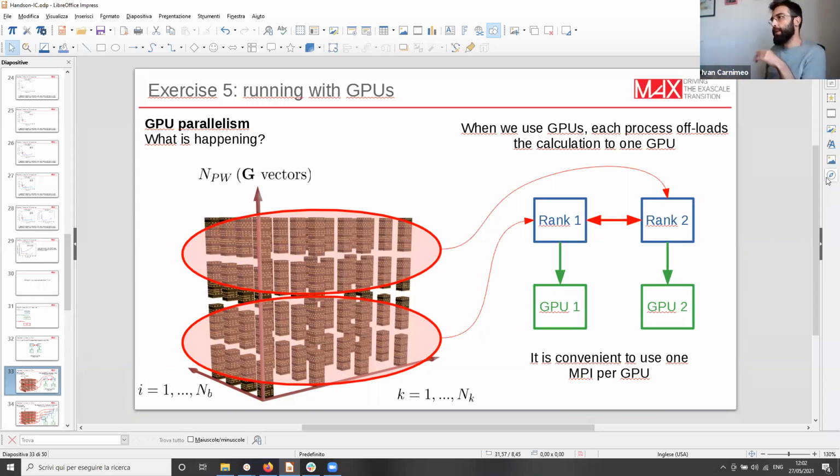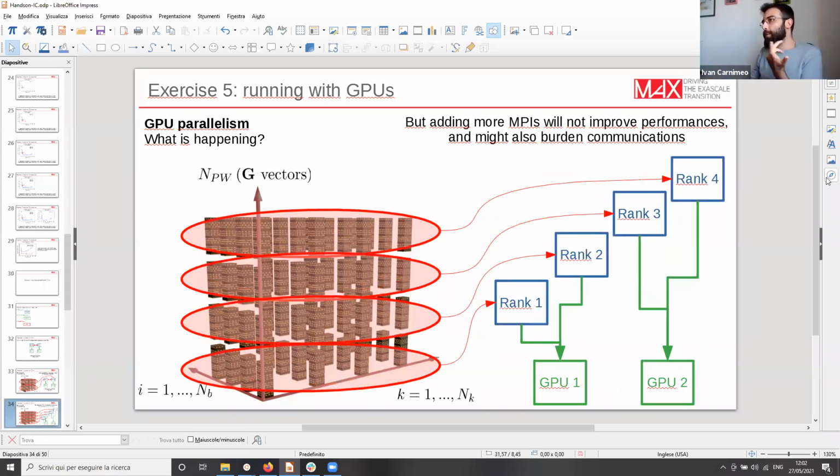If you use more than two processes, you have to remember that the calculation is still done by the GPUs. So yes, you can also use 4 MPI processes, but if you have two GPUs, each of these processes will send the calculation to one GPU.